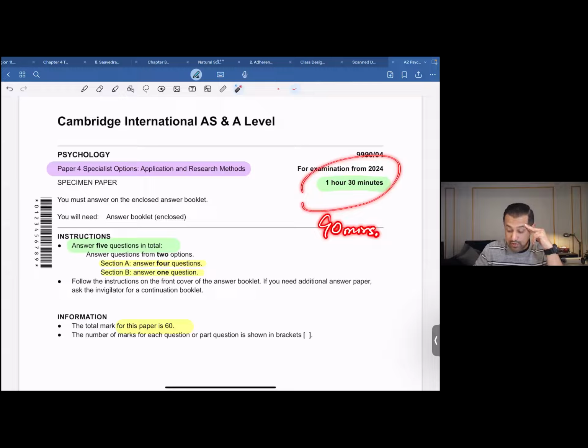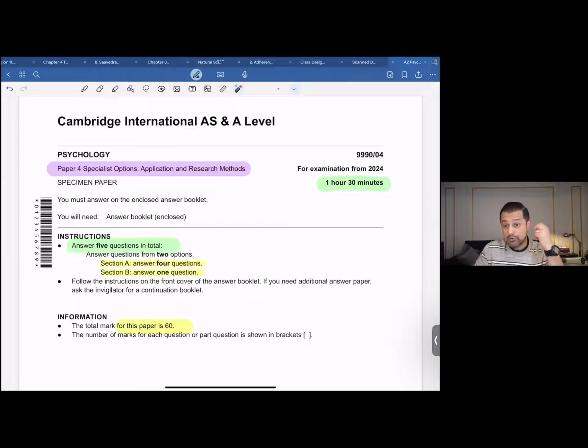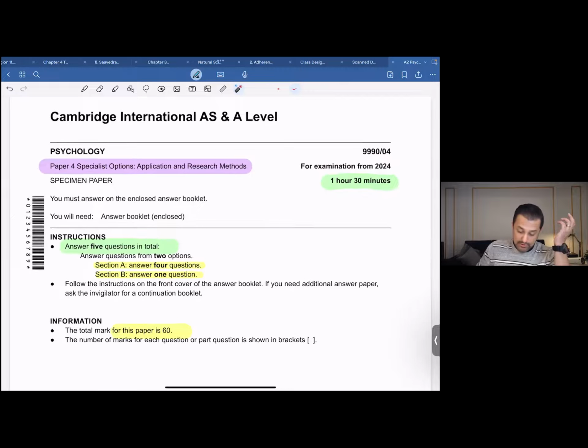That technically means you have 1 minute and 30 seconds per mark, so 1.5 minutes per mark. Basic calculation: for a 10 marker, you shouldn't spend anything more than 15 minutes. For a 6 marker, you shouldn't spend anything more than 9 minutes. Do the calculation and you'd understand it better.